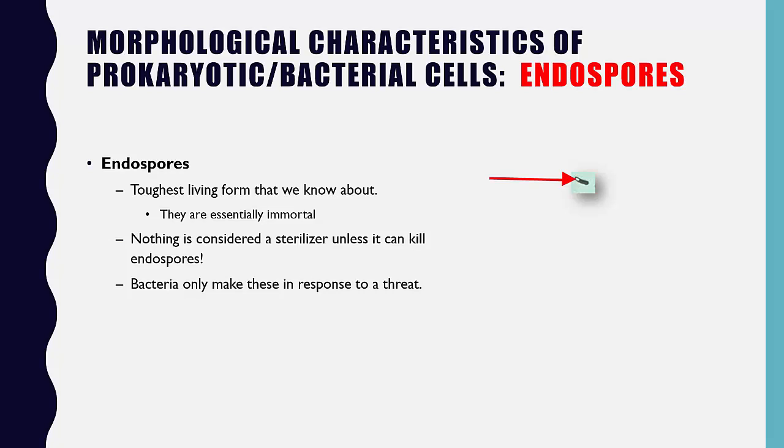So what is this exactly? This is a stage, a form that bacteria go into when there is a threat. Typically, it's a lack of food. It's a response to a threat. So this little image here, this bacterial cell, is forming this endospore because it is feeling threatened.